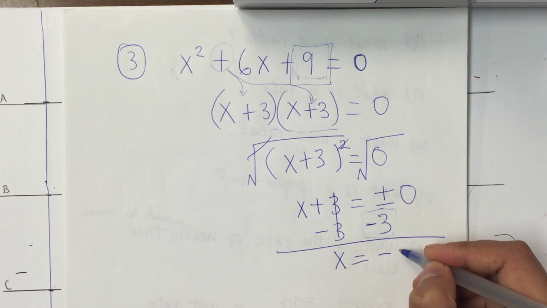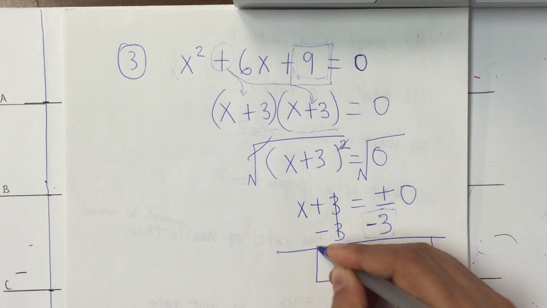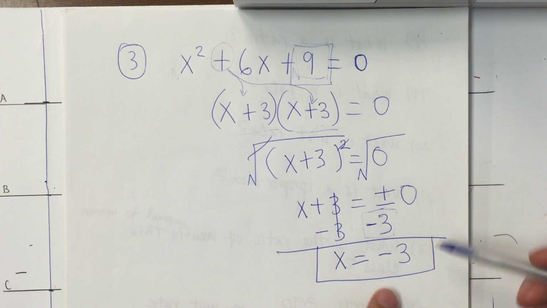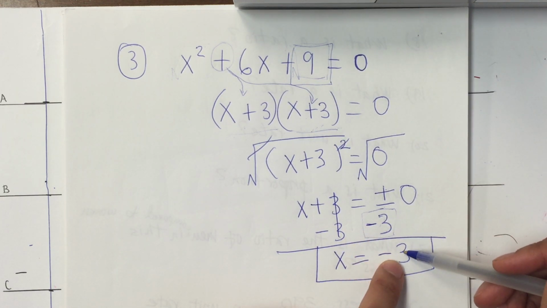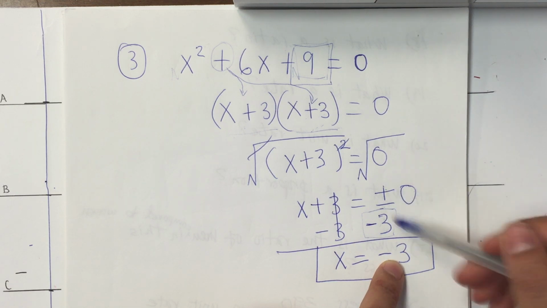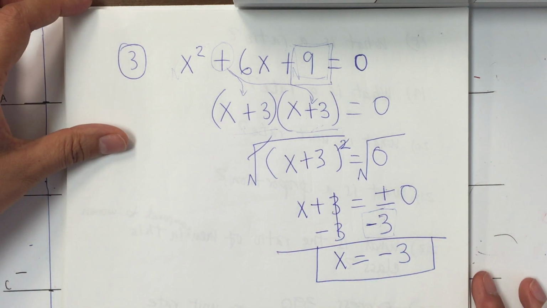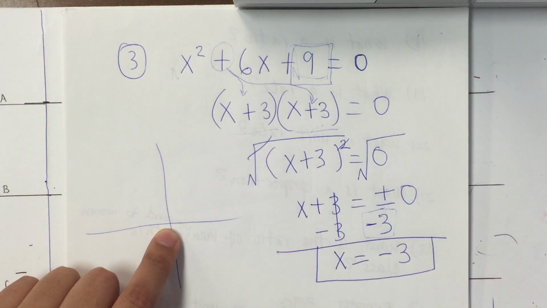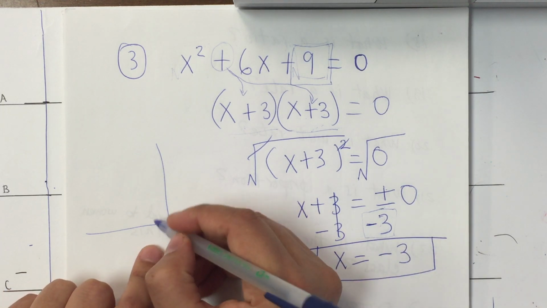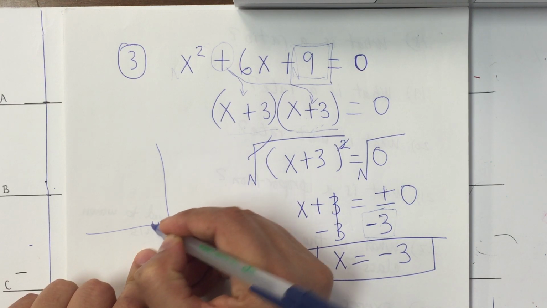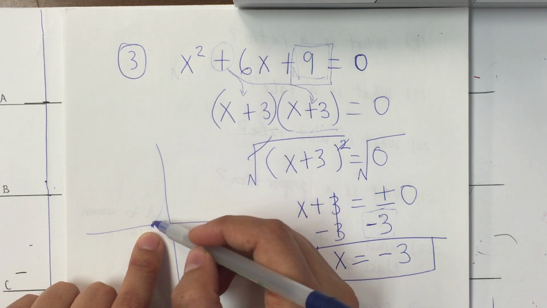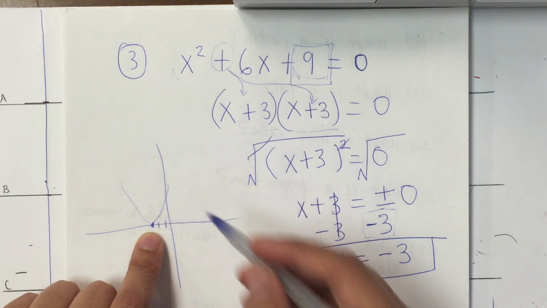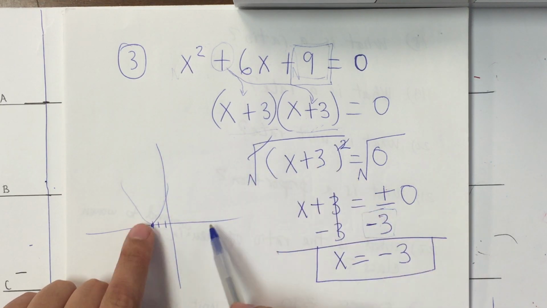So it's just x equals negative 3. So again, you get only one answer when you're adding or subtracting 0. Only one answer. And again, I just want to remind you that later on we're going to be relating it to the x-intercepts. So that means that this equation intersects only at one point, okay? At one point, instead of going like that at 2 points.